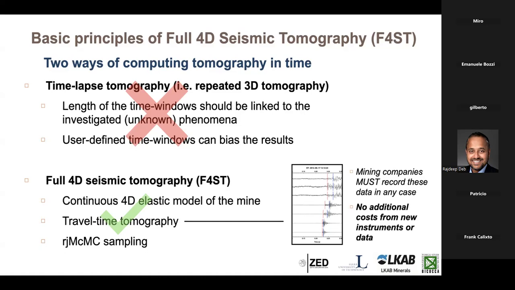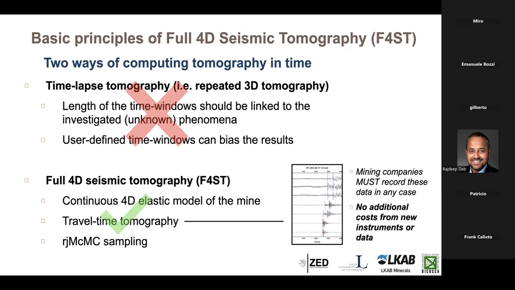Full 4D seismic tomography is continuous. It creates a continuous model in time, so there is no time slicing given by the user. You have just one model that goes through all the time and all the space. We use travel time tomography, which is the classic tomography.